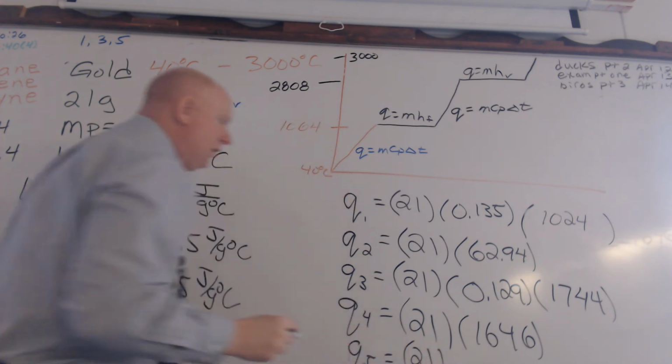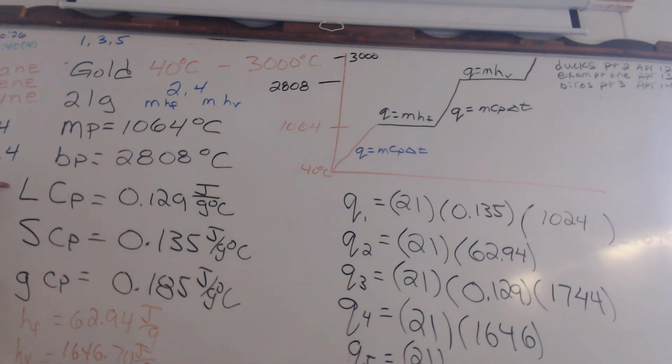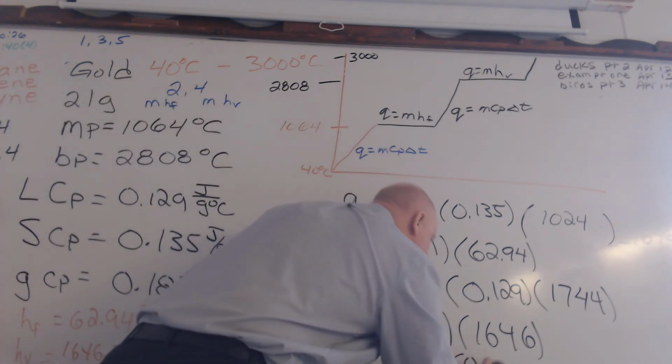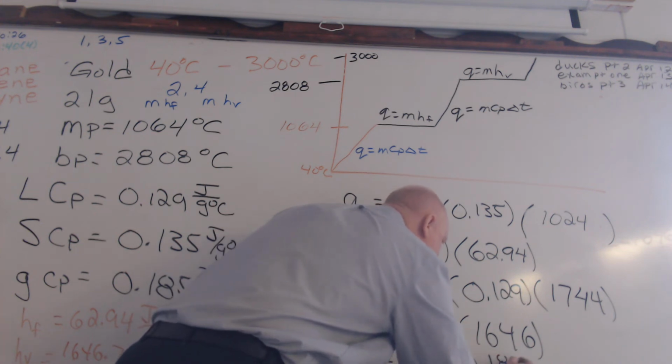21. So which one of these specific heats do we use now? Why are you right when you say this one? Because that's the gaseous specific heat. 0.185.